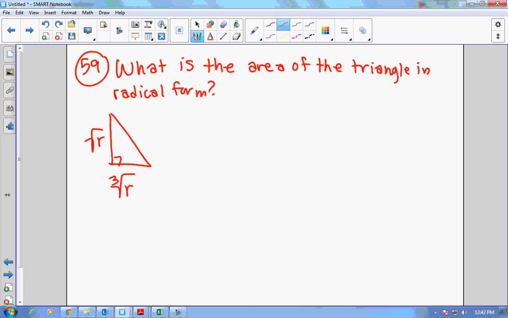Colby, turn around, please. Thank you. All right, it says, what is the area of the triangle in radical form? What prior knowledge do you have to have memorized when you come to take this test if it says this question?